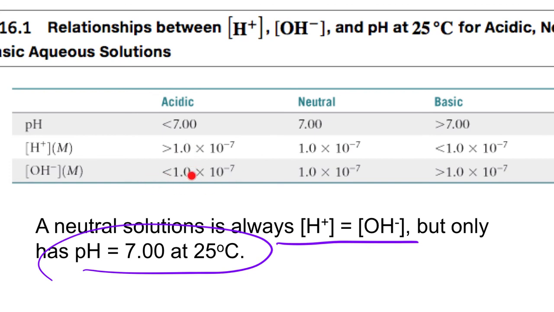That ratio is going to hold. And then basic is greater than pH 7: H plus is less than 1 times 10 to the minus 7, and OH minus is greater than 1 times 10 to the minus 7. At 25 degrees Celsius, that's probably what you've been remembering about pH from previous experiences. Sound good? All right.